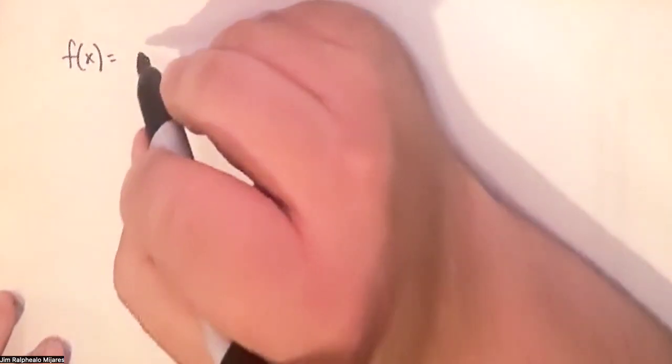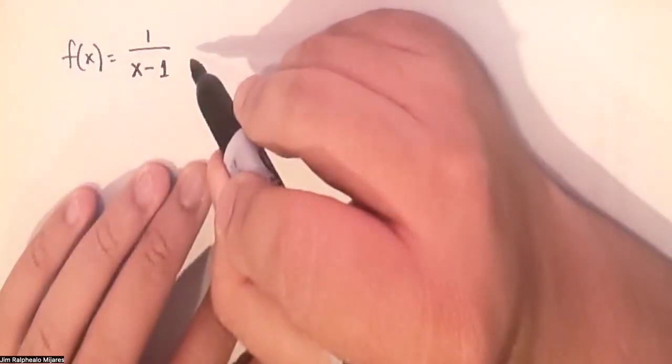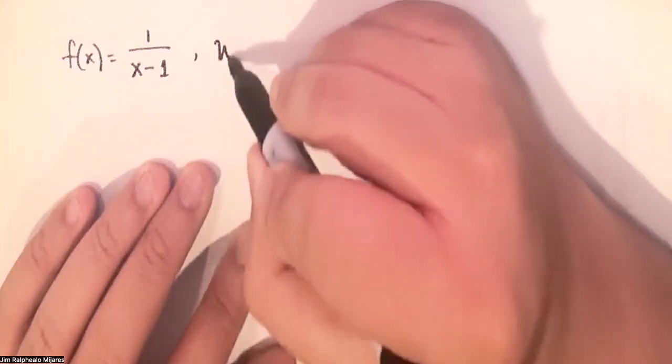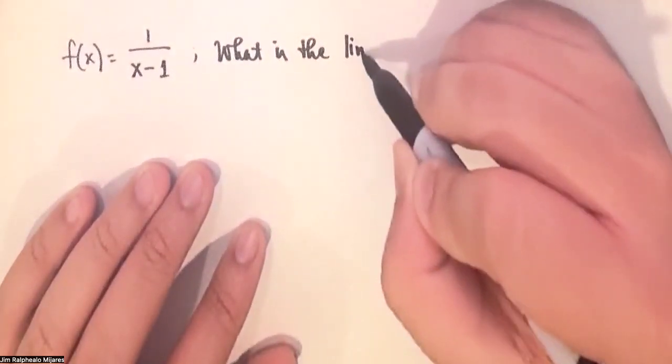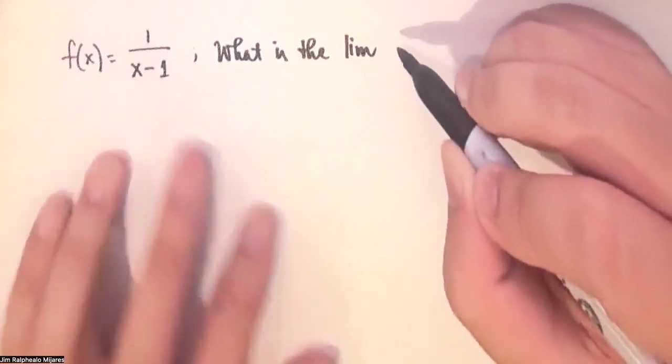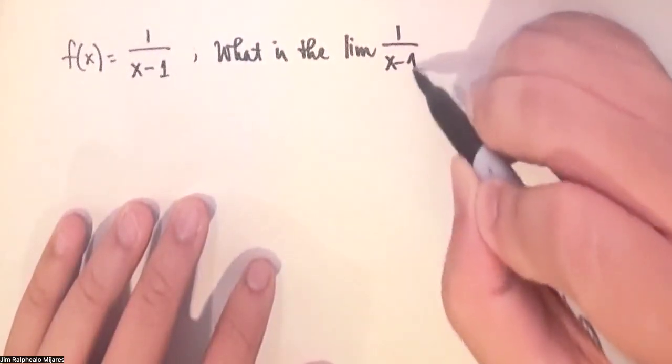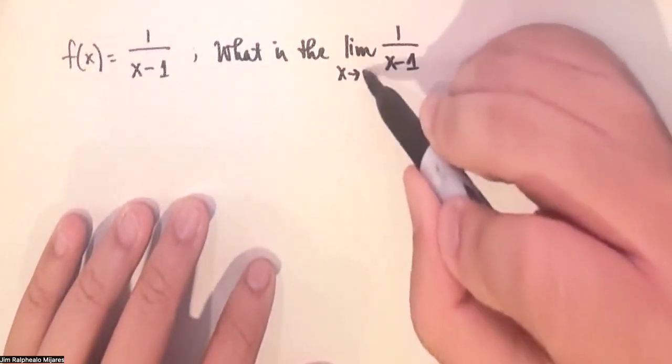Suppose that our function, f of x, is equal to 1 over x minus 1. What if we ask, what is the limit of this function, 1 over x minus 1, as x approaches 1?